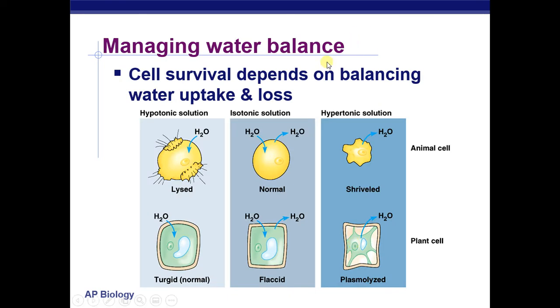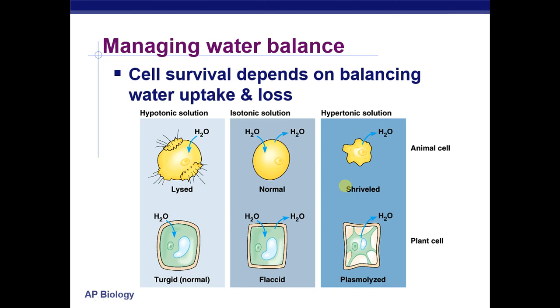Cell survival depends on balancing water uptake and loss. So for example, if we put a cell into a hypotonic solution and just let it sit there, it would take in so much water that it could burst. Or if we put it in a hypertonic solution, it could lose so much water that it could shrivel up.